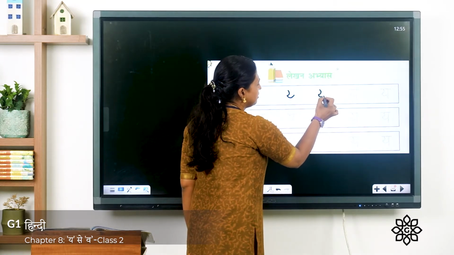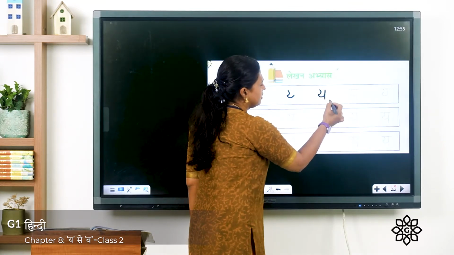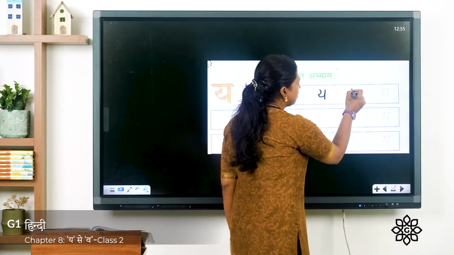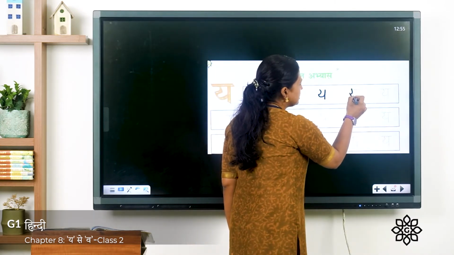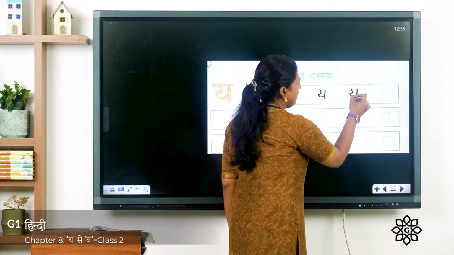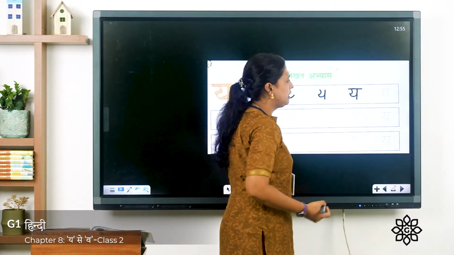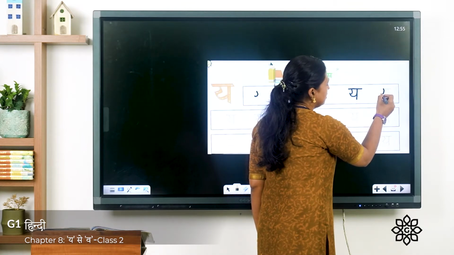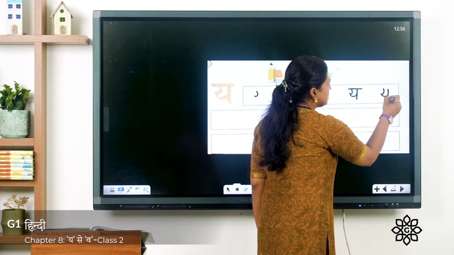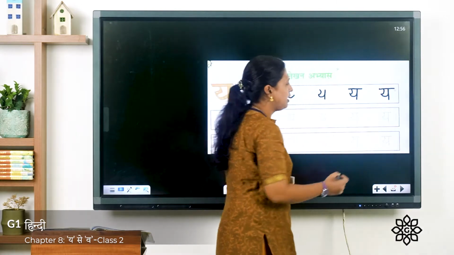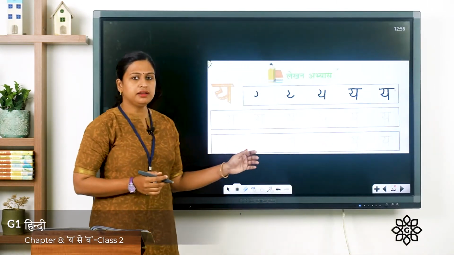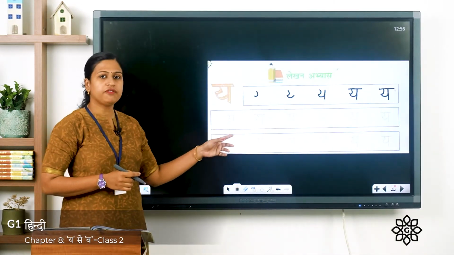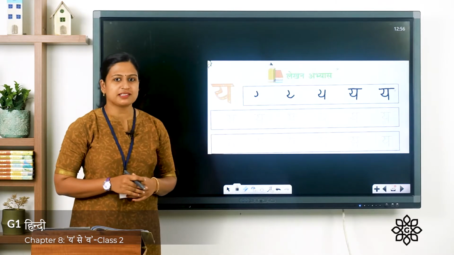The third step, you have to draw a curve, then a smiley, straight line, on the top, sleeping line. So once again, a small curve, smiley, standing line and the sleeping line. This is Vyanjan letter Ya. So rest of them you can write it by yourself.